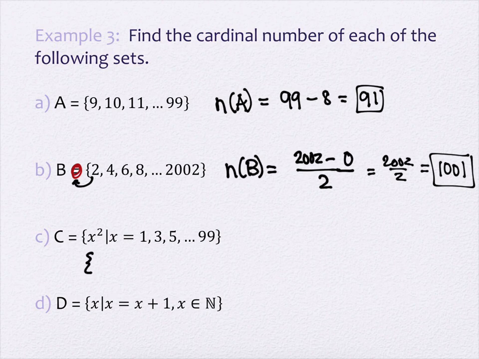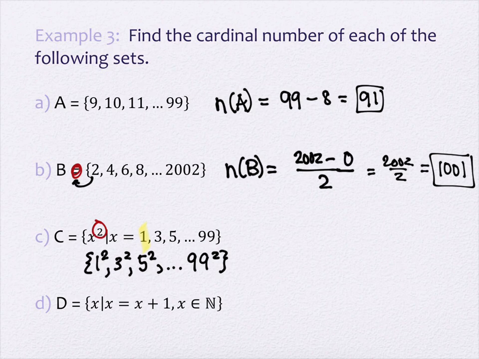So we take the first one, which is a 1, and square it. It's 1 squared. Then the second one, a 3, and we're squaring it. And the third one is a 5, and we're squaring it. And we keep doing this until we get to 99 squared. That's what this set is.